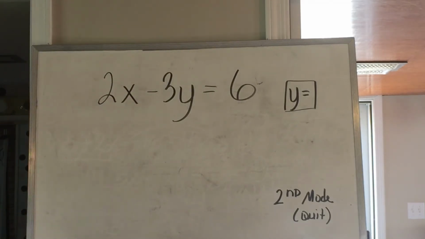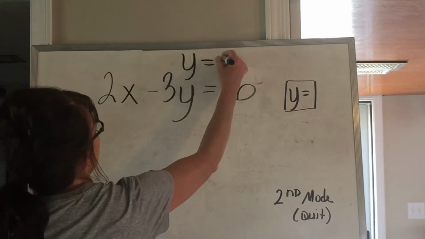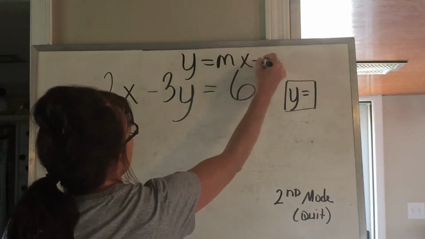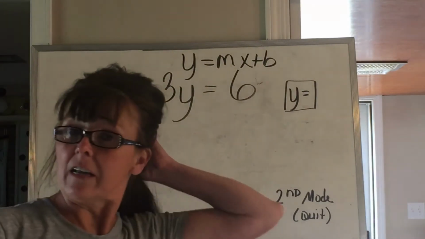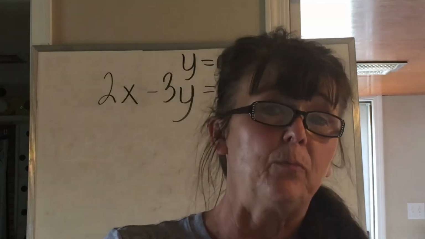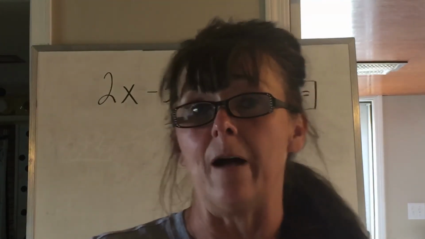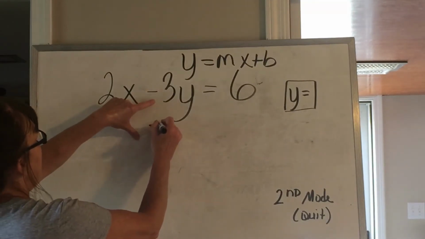Well, you know that you have to start off with y equal mx plus b, right? And so even if you're doing the graphing calculator, you are still going to have to use y equal mx plus b because that's how it's set up. So you're still going to keep your y.